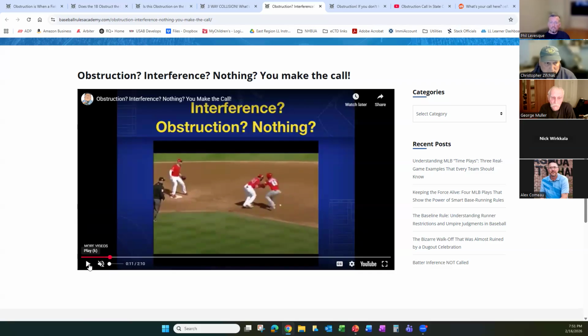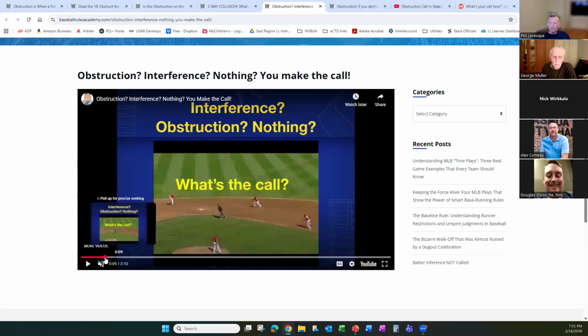Well, it's the act of fielding, Alex. It's a great point. The interpretation here is the act of fielding the ball, so you have to say, is this fielder still in the act of fielding the ball? The interpretation is that if they're within a reach of the ball, they are still in the act of fielding it.